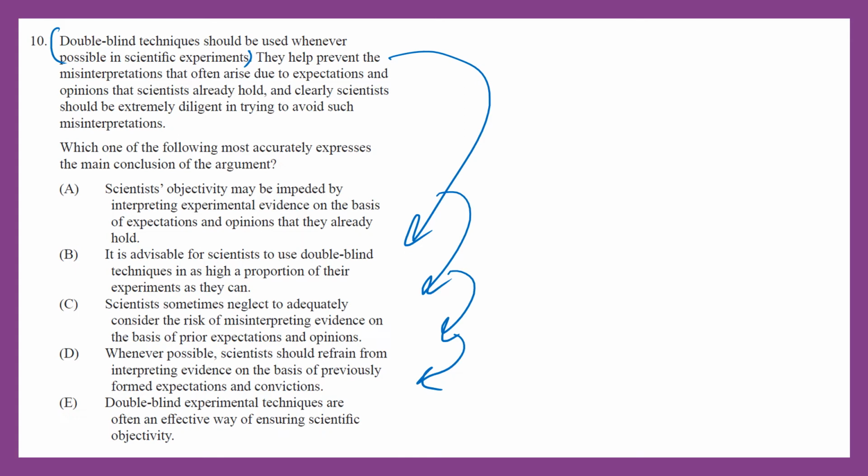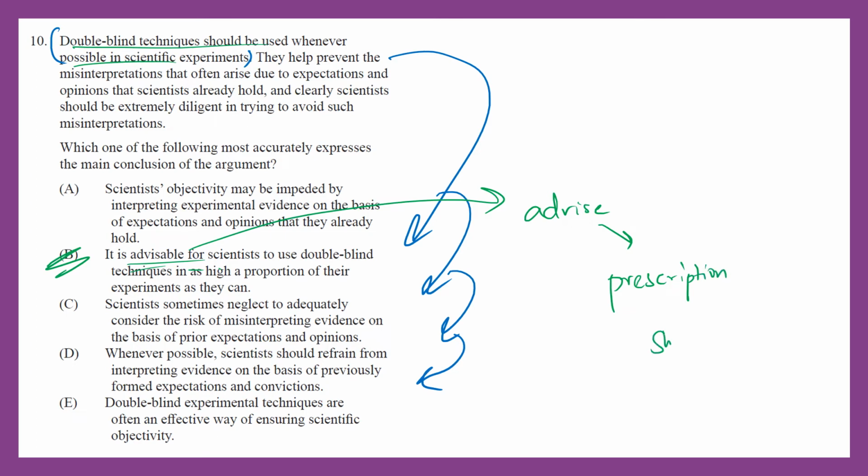Look how similar option B is to this sentence. It says, it is advisable. So again, advice is like a prescription. When you're saying something should be done or should not be done, it's a prescription, it's like an advice.